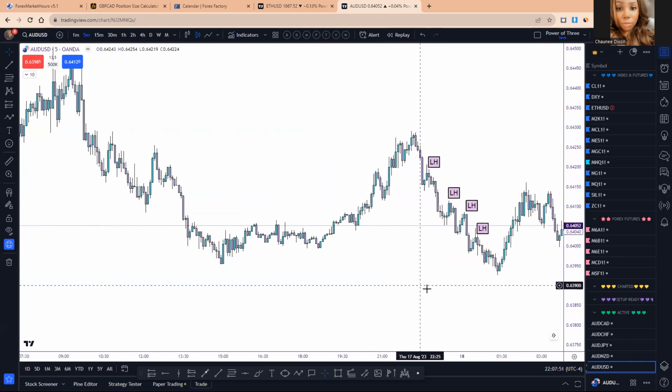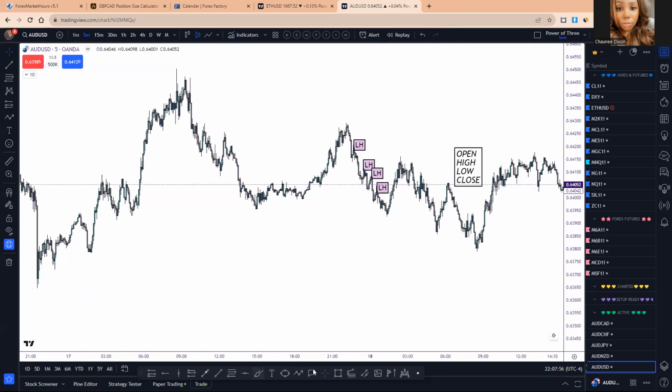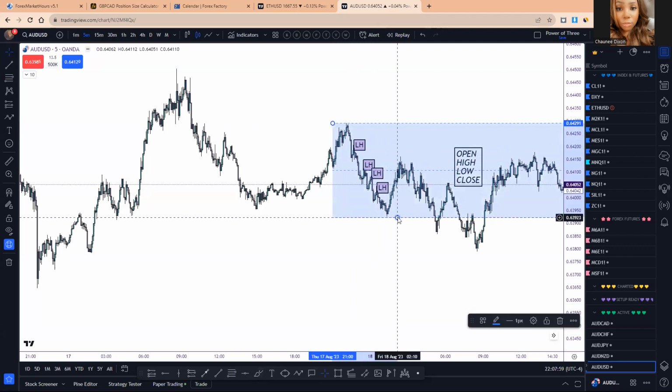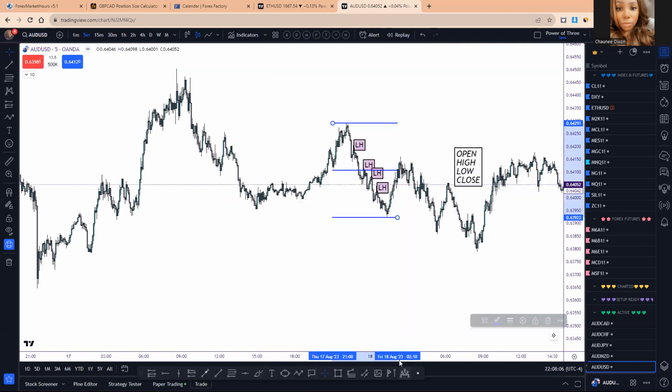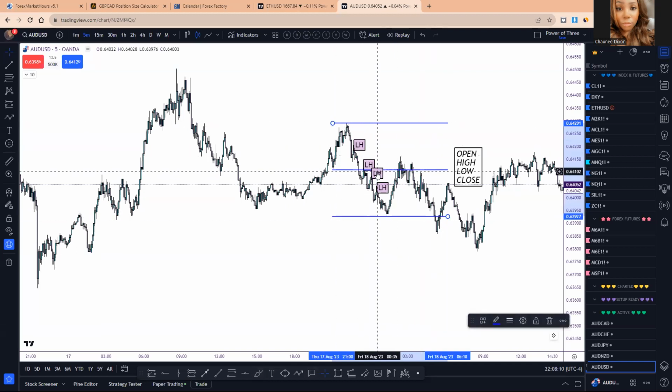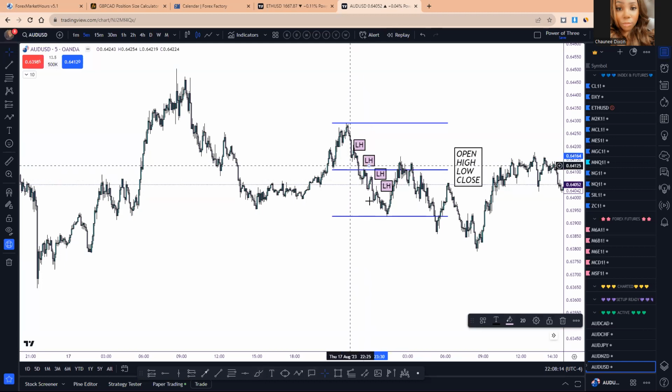So if I zoom out again, you see that this right here is our swing low. And in a bearish trend, we have lower highs, right? So this is our swing low. And then within that swing low, we have minor structure. These are all our lower highs and lower lows. Lower lows are behind this.